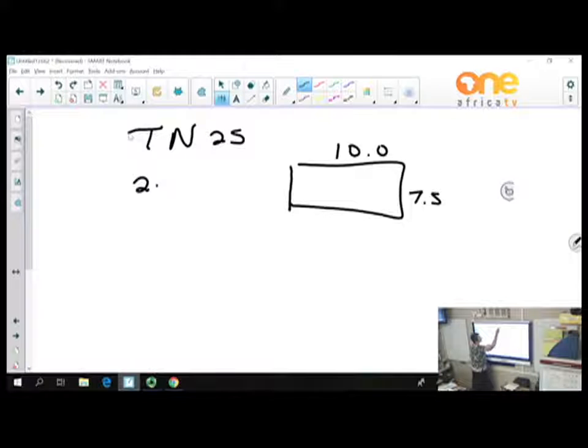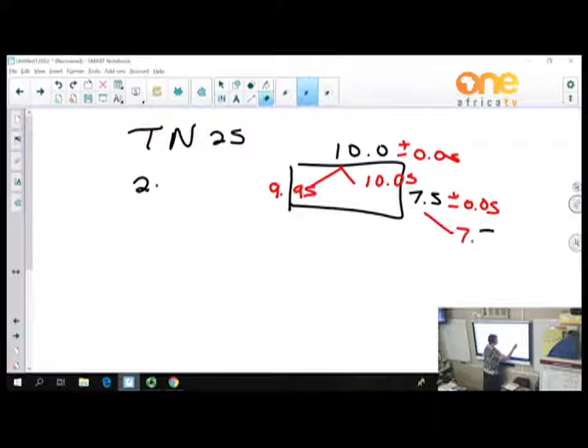To 1 decimal place here means it will be plus or minus 0.05. And here the same, plus or minus 0.05. So the upper bound is then 10.05 and the lower bound 9.95.